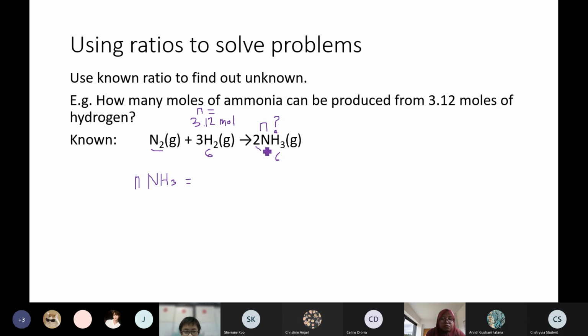We put the coefficient of NH3, 2, over the coefficient of hydrogen, 3, because we compare the moles of NH3 with the moles of hydrogen. So 2 over 3 times the moles of hydrogen gas equals 2 over 3 times 3.12 moles.